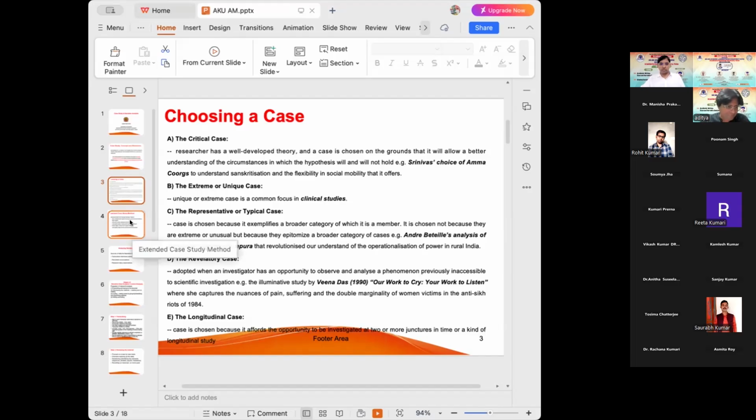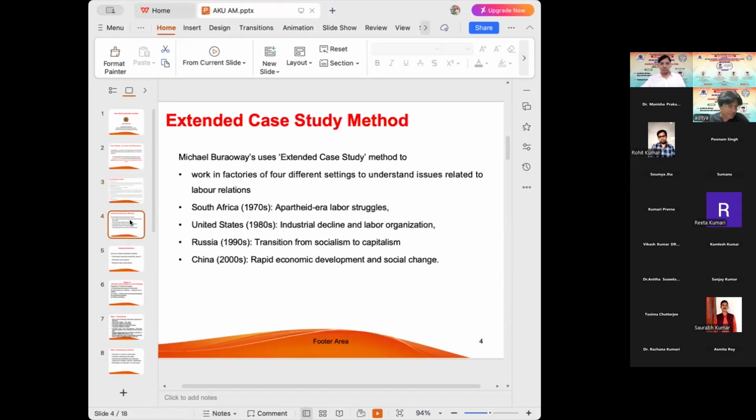I'll explain that with a more elaborate idea. This idea of the longitudinal case study has mostly been used by people like Michael Burawoy, who, unfortunately, passed away this year. Michael Burawoy takes this interesting method known as the extended case method.